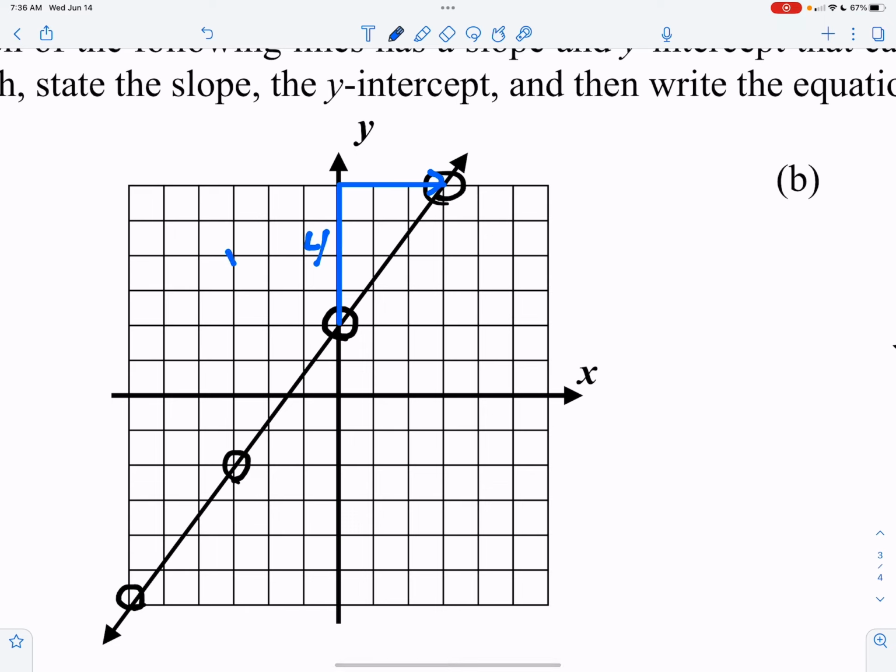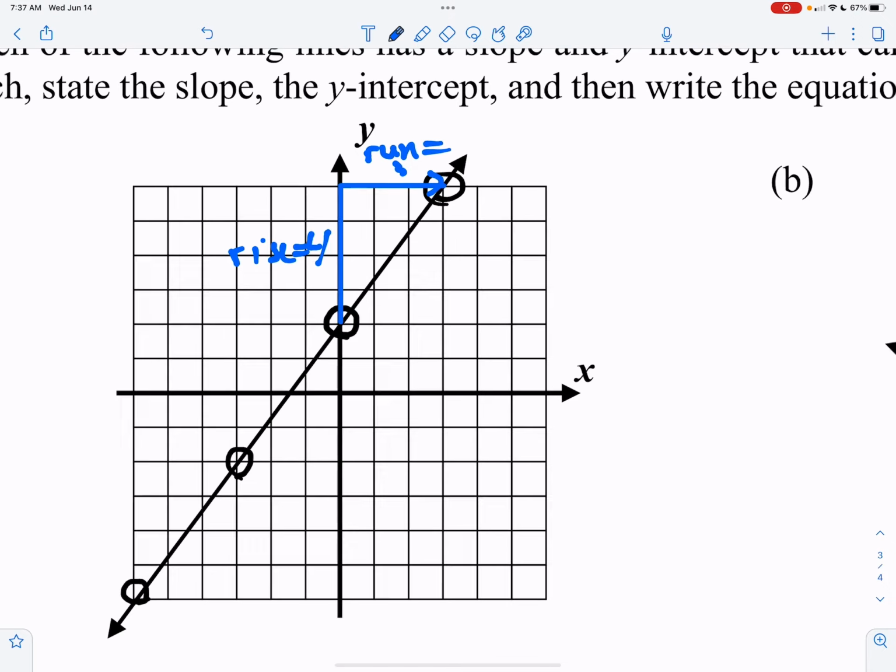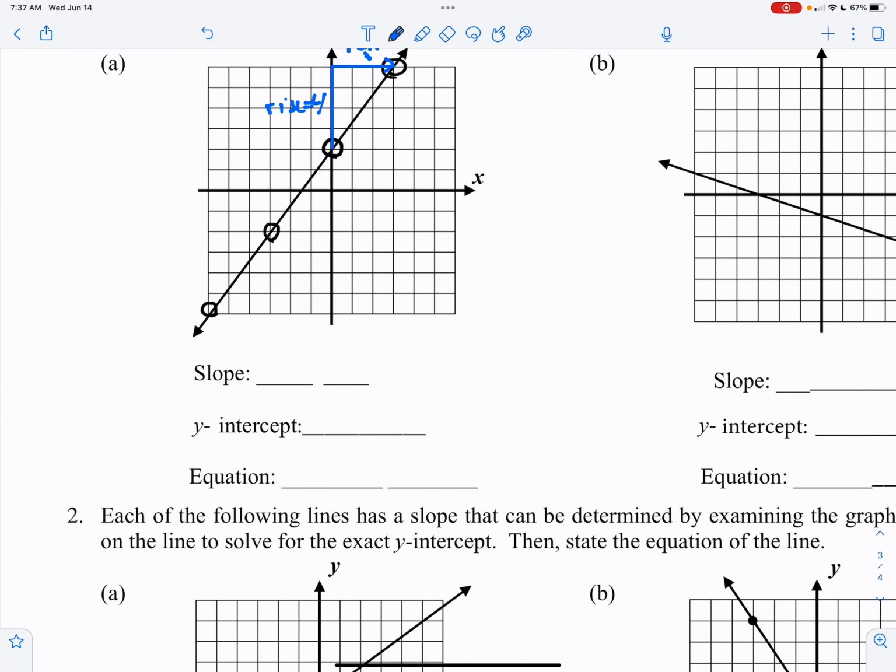My rise is 4. My run is 3. Therefore, my slope is 4 over 3. Okay, my y-intercept is 2. So putting that together, I get y equals 4/3 x plus 2.